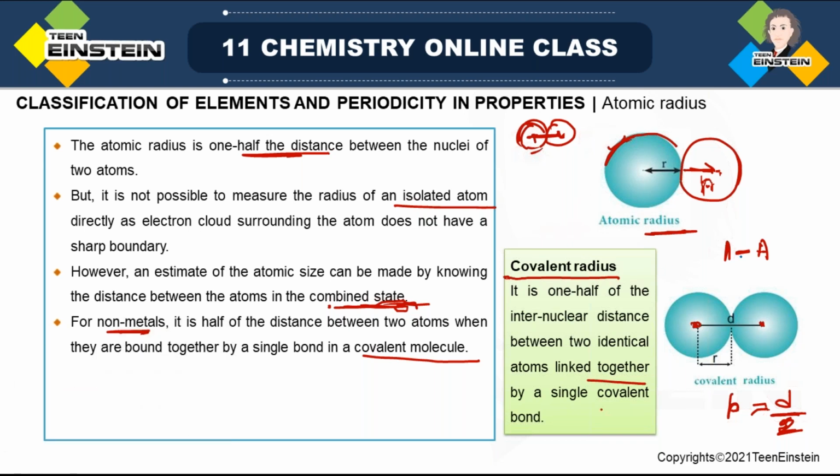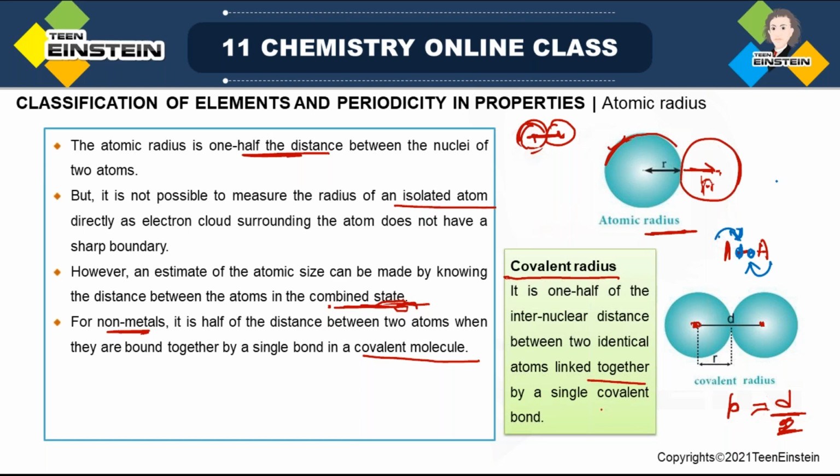This single bond contains two electrons. One electron is given by the left hand side atom, another electron is given by the right hand side atom, and these two electrons are shared equally by them. So proper, equal sharing is actually a covalent bond.